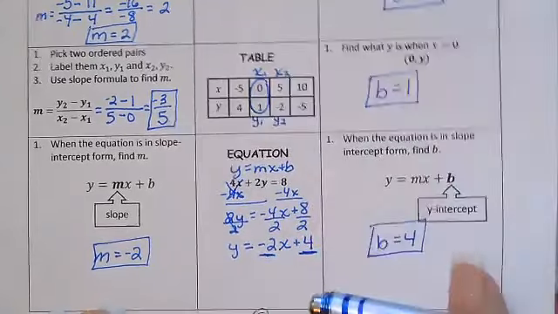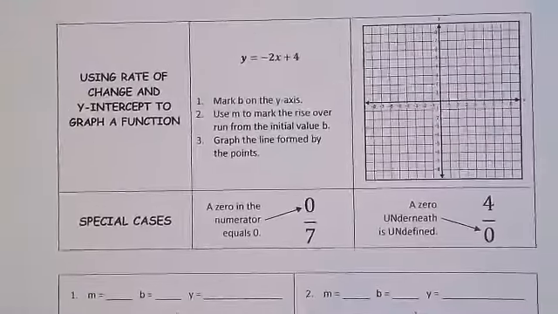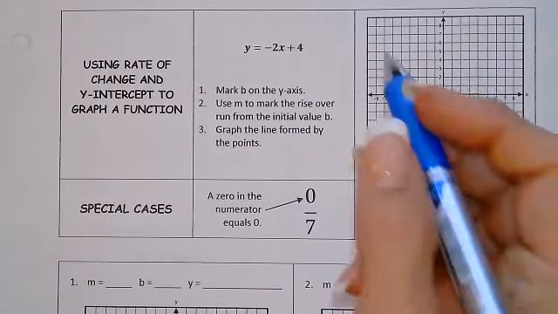Page 9. Using rate of change and y-intercept to graph a function. So we're given y equals -2x plus 4. First step is we're going to mark b on the y-axis because we know b is the y-intercept.